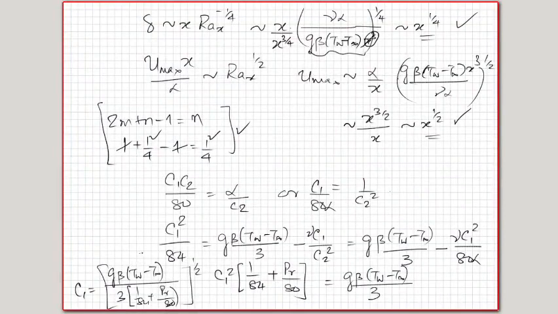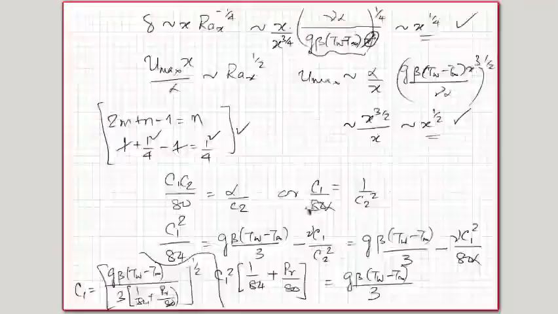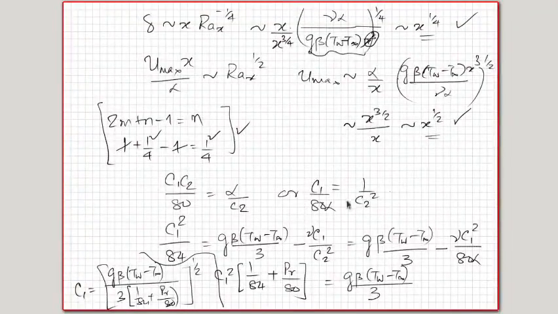Right. And this would be actually, if I divide it by 80 alpha, it will become c2 square, and I need c2. Okay. So c1 by 80 alpha is equal to 1 over c2 square.